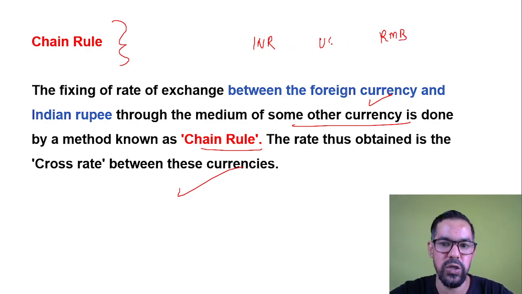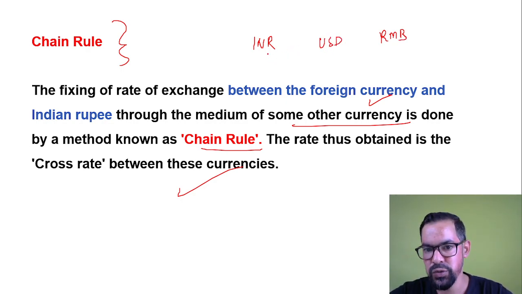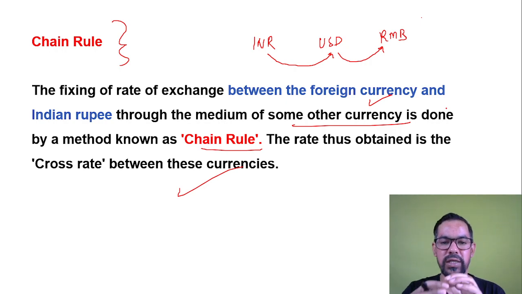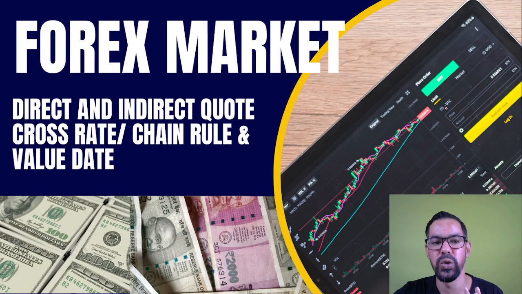So we use US dollar as a third currency. First you convert INR into dollar, then dollar into renminbi. This entire system is generally known as chain rule in the forex market. Hope this is clear to all of you.